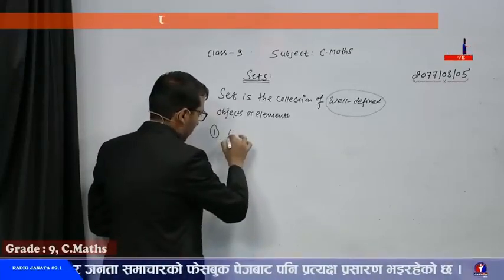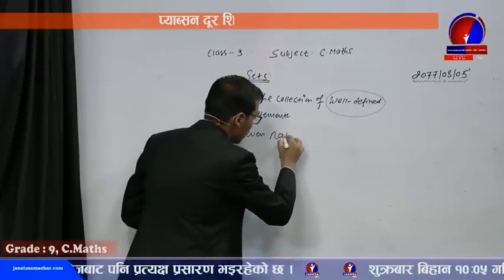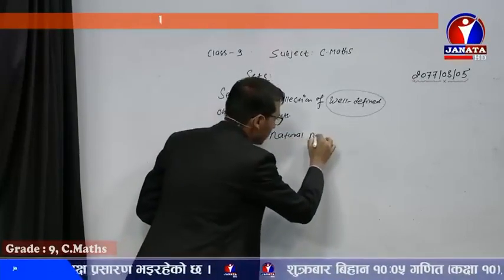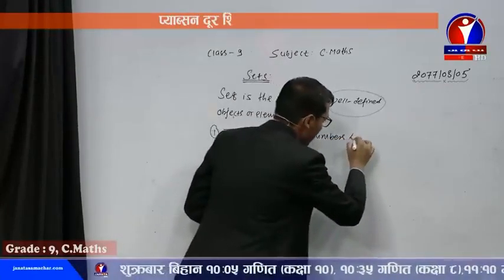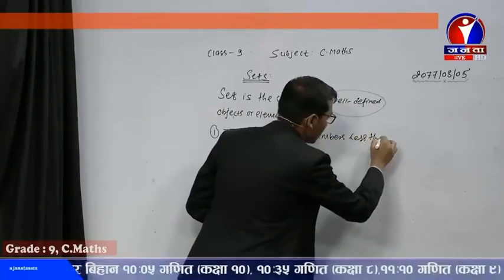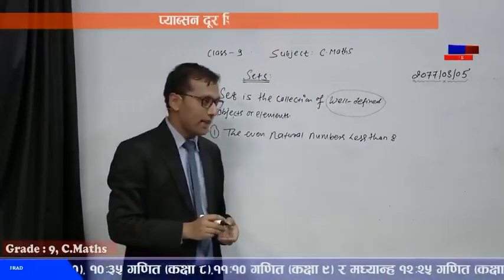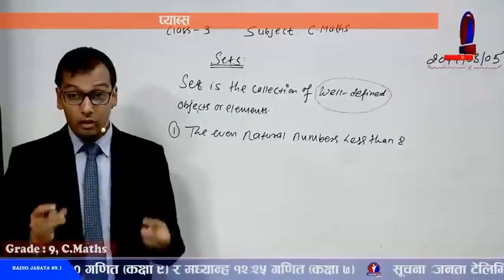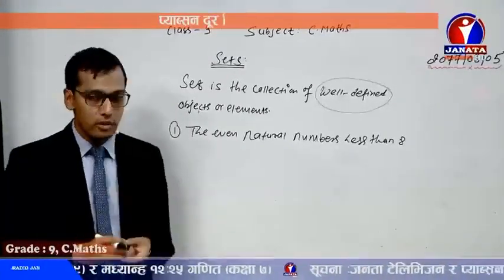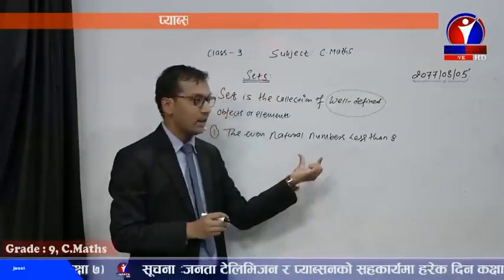Even natural numbers less than 8 can form a set because there is a limited, finite, fixed number of numbers which are even, natural and less than 8.